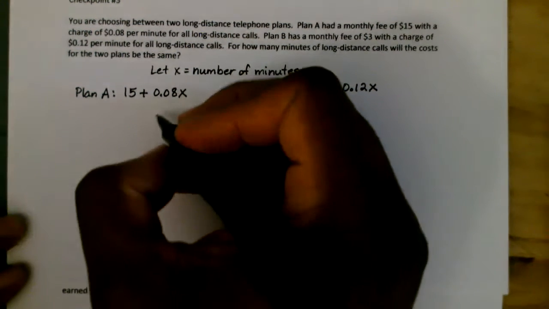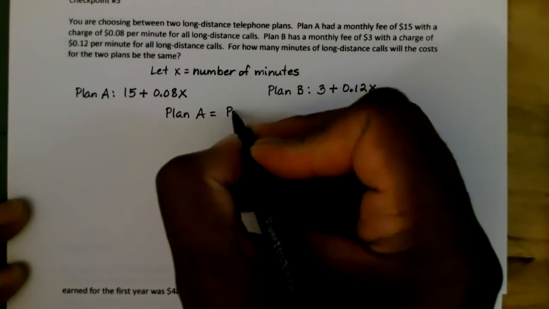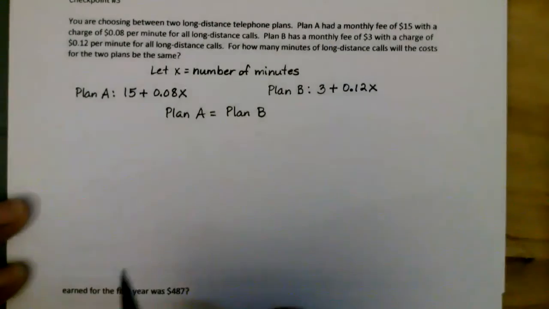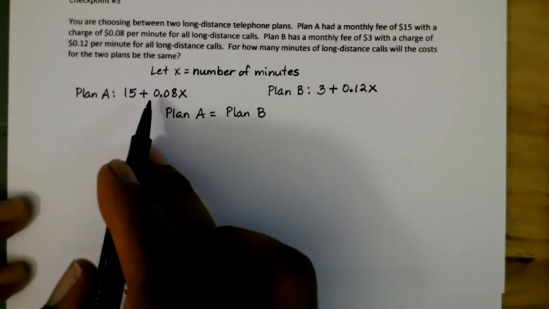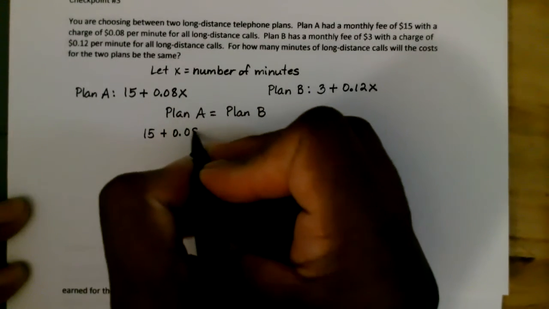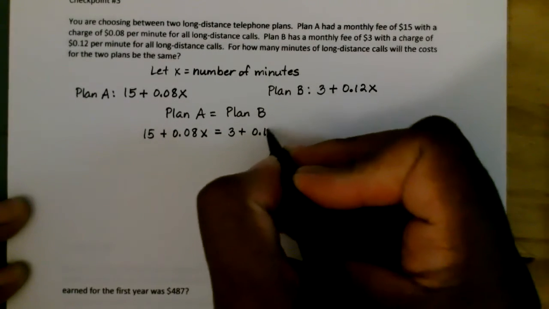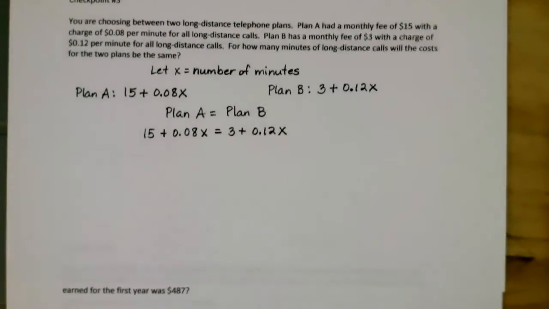So in other words, the cost of plan A must equal the cost of plan B. Well, in this case here, plan A is 15 plus 0.08x, and that's equal to plan B, that'd be 3 plus 0.12x. So now we're going to solve this equation for x.